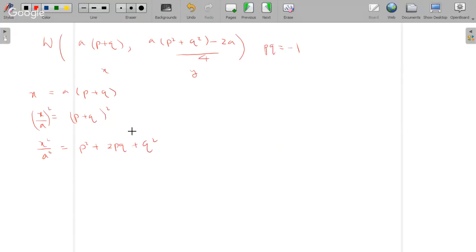Now pq is minus 1, so let's sub that in. So that means p² + q² is equal to x²/a² + 2.